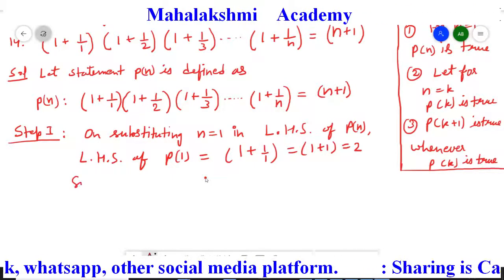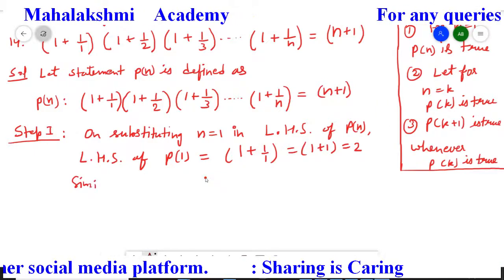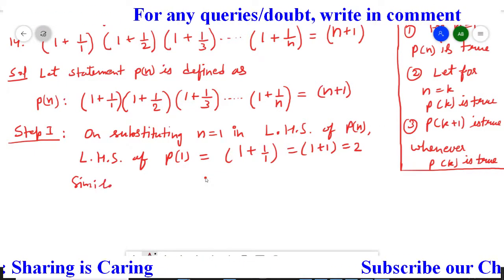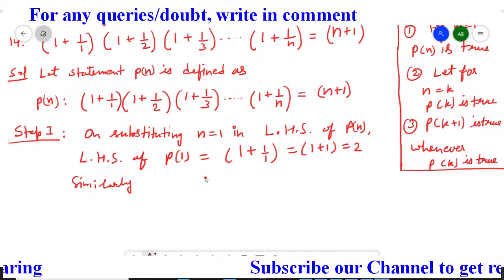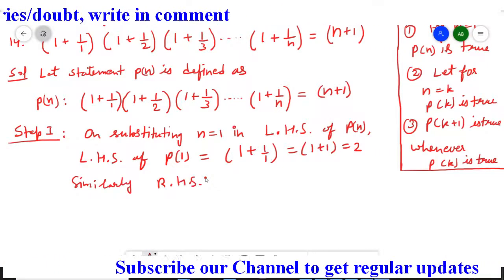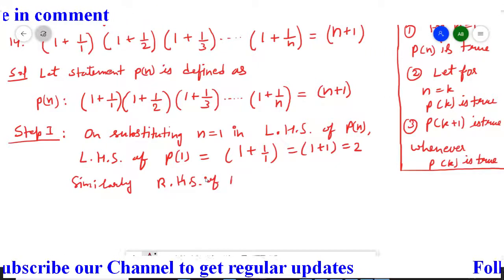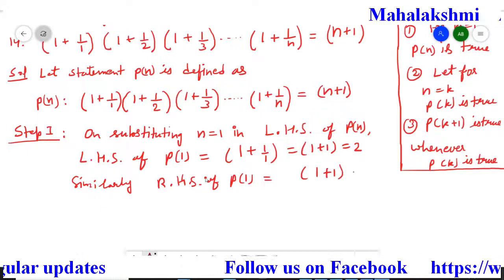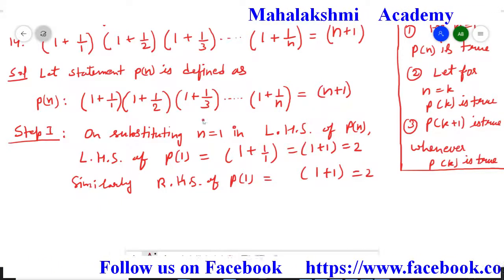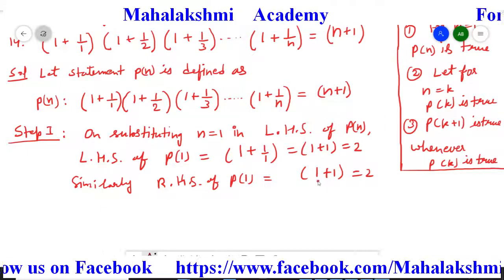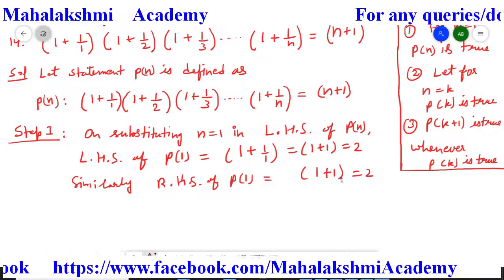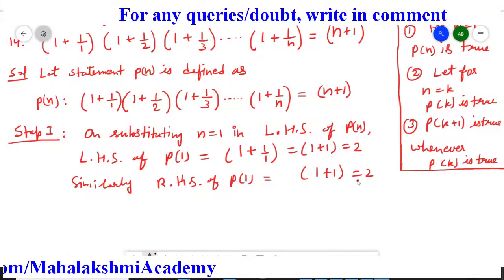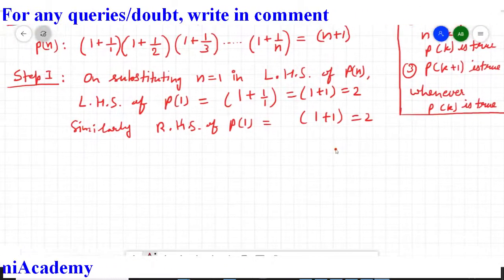Now similarly, we are going to substitute n equal to 1 in the right hand side also. Similarly, right hand side of P1 is equal to 1 plus 1 is equal to 2. How did I obtain this? Your right hand side is n plus 1, so instead of n we write 1, so 1 plus 1 is 2. So what we found is that the left hand side is 2 and the right hand side of P1 is also 2.